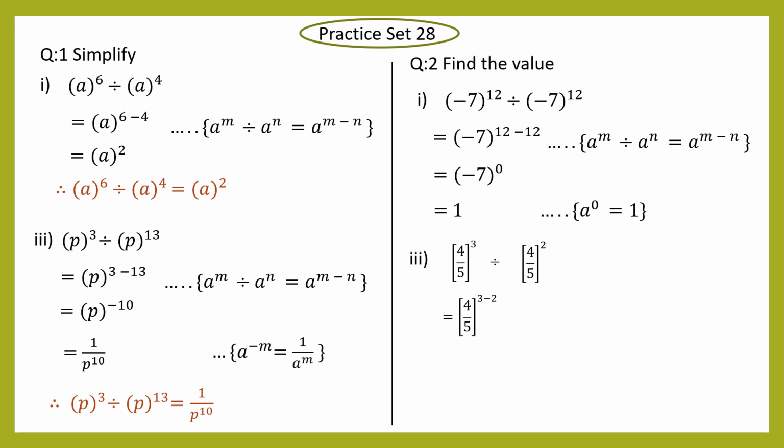So we can write the next step as 4 upon 5 raised to 3 minus 2. Now the law which is applicable is a raised to m divided by a raised to n is equals to a raised to m minus n. 3 minus 2 is 1. Now any number raised to power 1, we get that same number. So 4 upon 5 raised to 1 will be 4 upon 5.